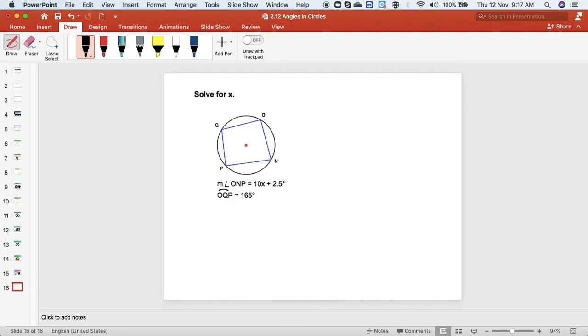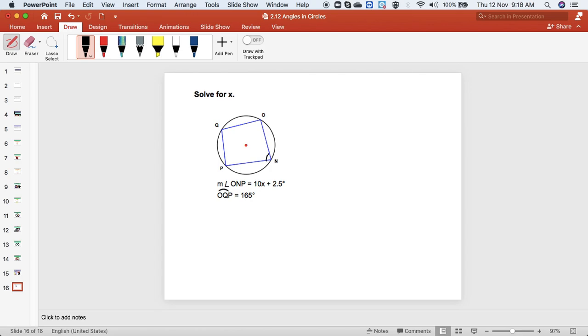Next one. Solve for x. Okay, so we have here an illustration and we are asked to solve for x. So the measure of angle ONP, the measure of this angle, is equal to 10x plus 2.5 degrees.